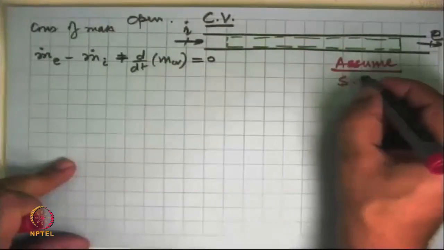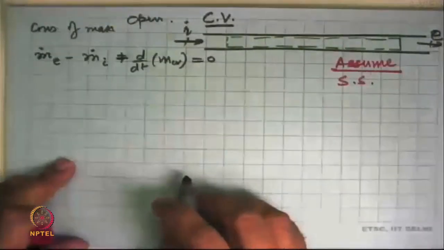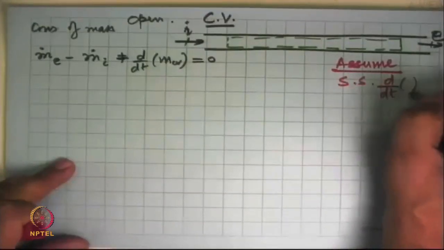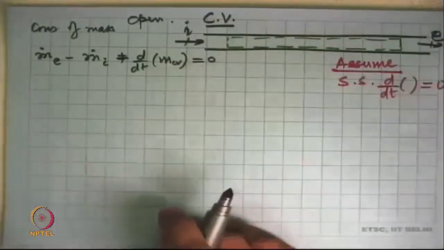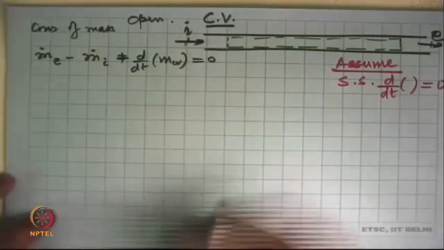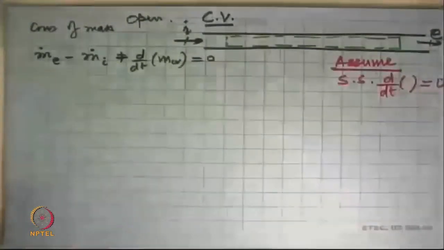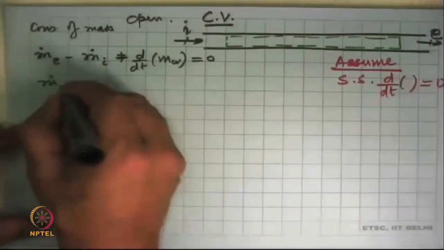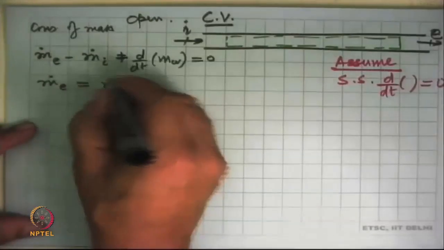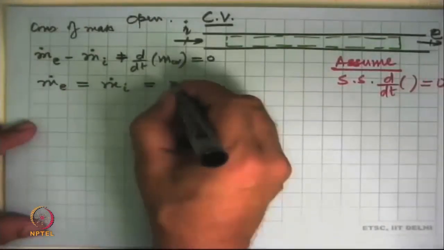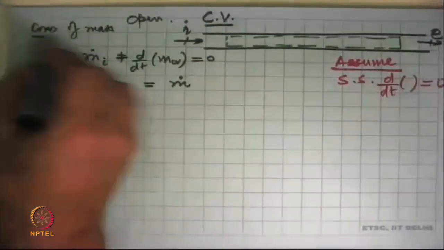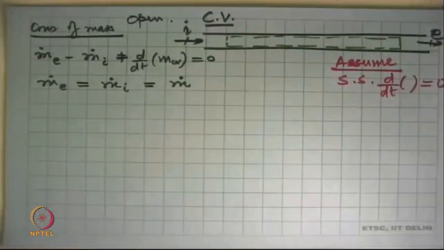One, steady state, which means that d/dt of everything is 0. Once we do that, this equation simplifies and we get m dot E is equal to m dot I, and this we can say is generically just m dot. So this is what we got from the conservation of mass.